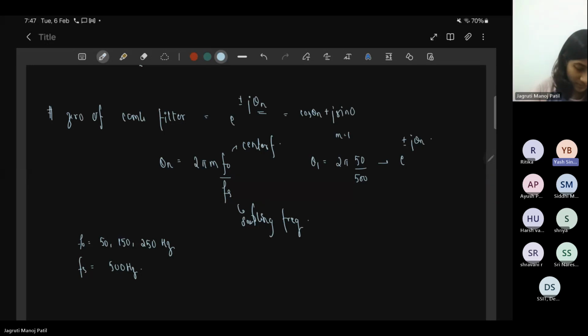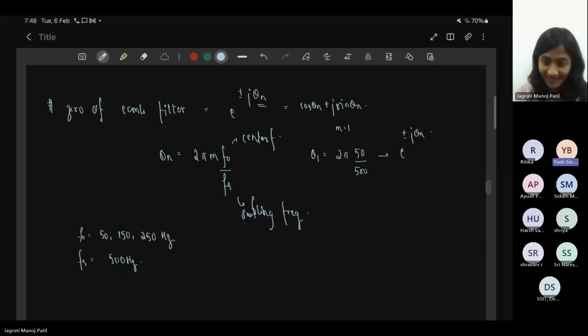Can I have a look at the options, please? Sure, you can say which one you got. For 250 hertz, I'm getting minus 1 plus minus j0.